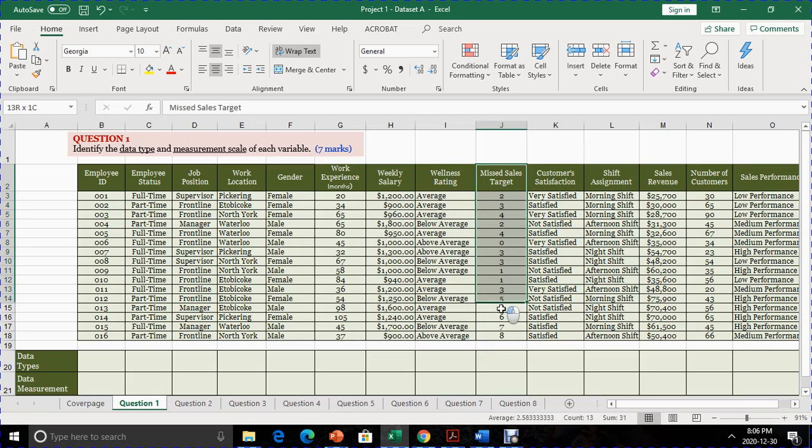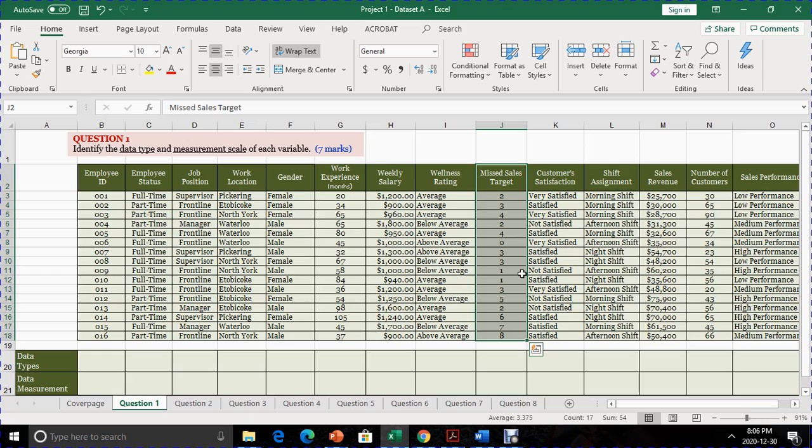The next question deals with the number of missed sales targets. In fact, all the employees in this company were sales personnel, company salesmen and women, and they accounted for how many times they have missed a sales target for a particular product.